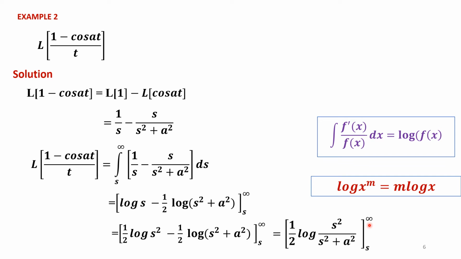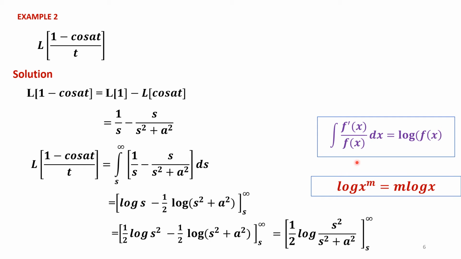Okay, so what we are doing is, since we are having division by t property, whatever is the function in the numerator, we are calculating the Laplace transform, and that answer we are integrating with respect to s between the limits s and infinity.